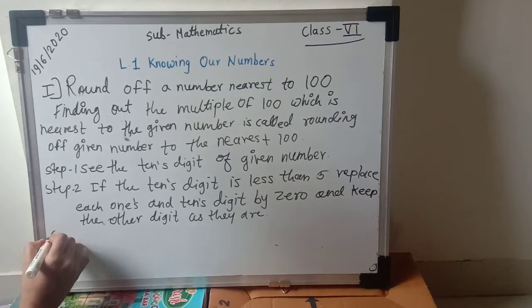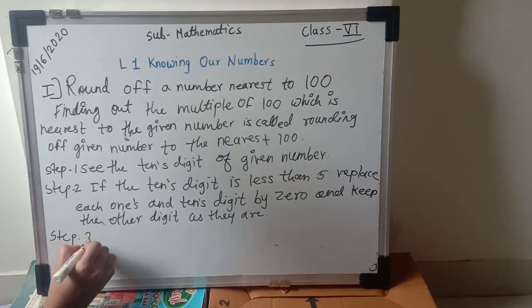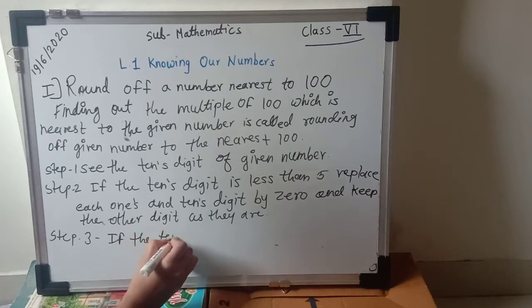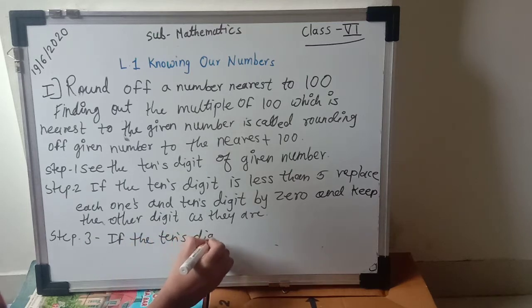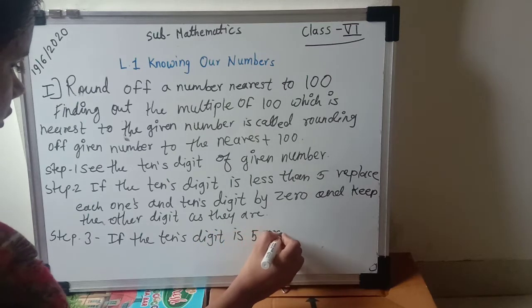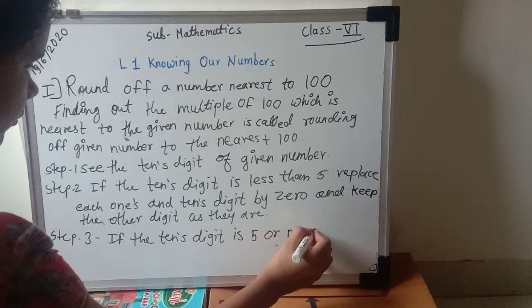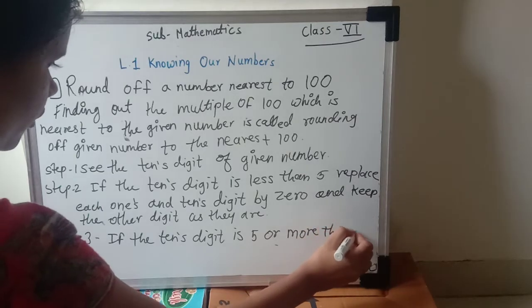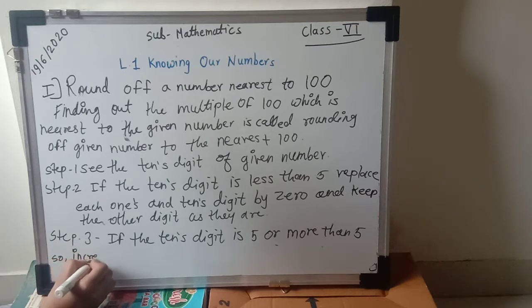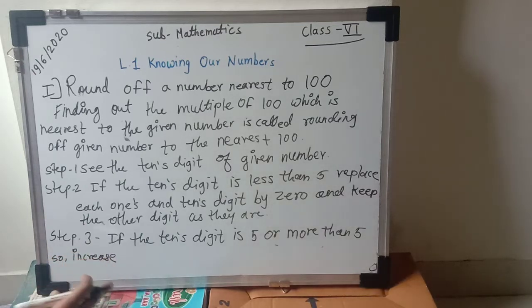Now let's see step 3 here. If the tens digit is 5 or more than 5, what do we have to do? Increase the hundreds digit.